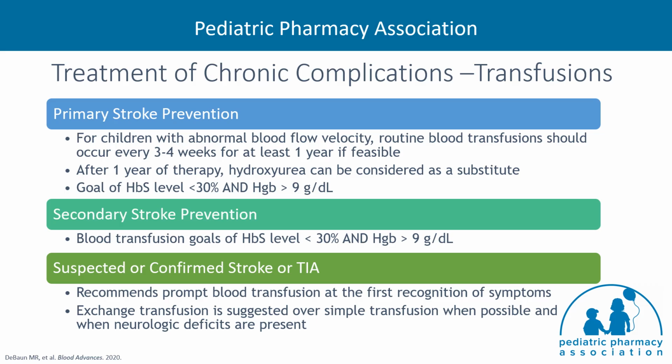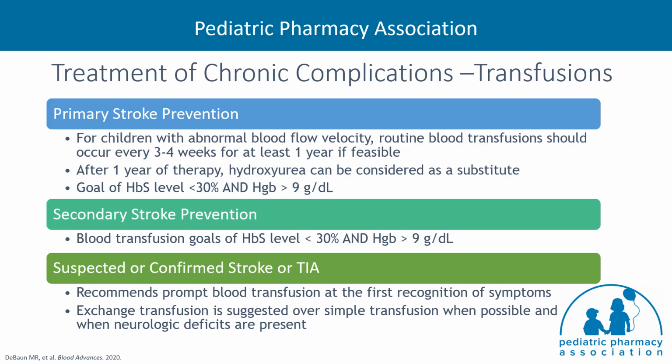When we think about primary stroke prevention for children with an abnormal blood flow velocity, so this is going to be detected using a transcranial Doppler ultrasonography, and that Doppler ultrasound basically enables evaluation of the cerebral arteries' blood flow velocity.